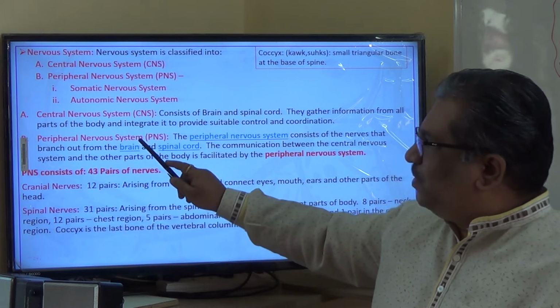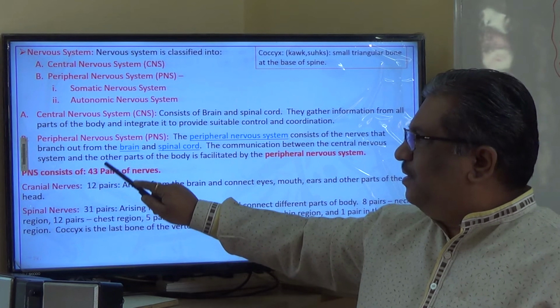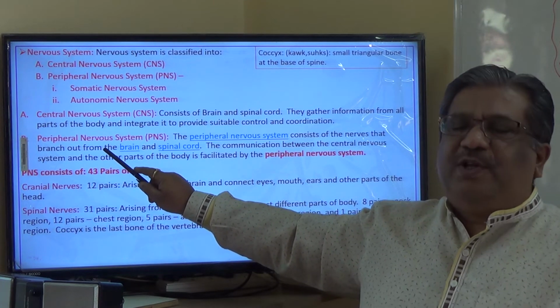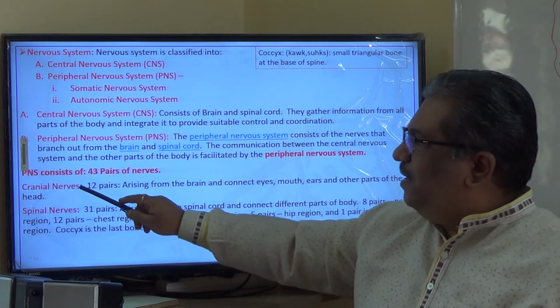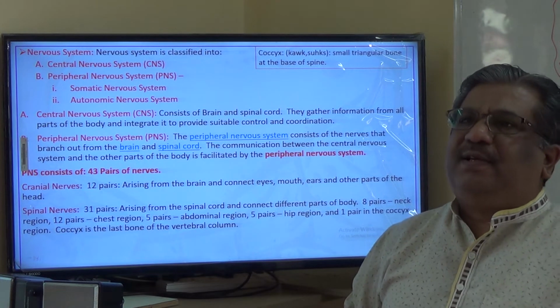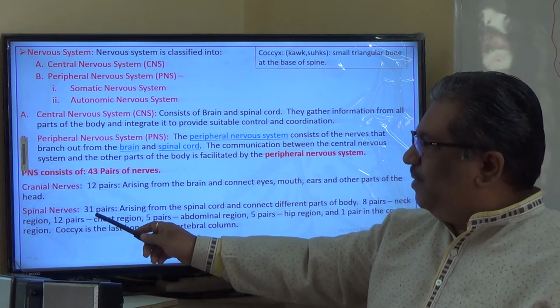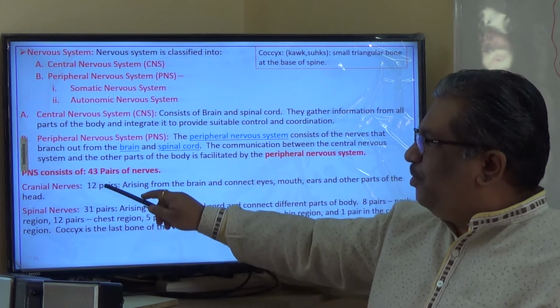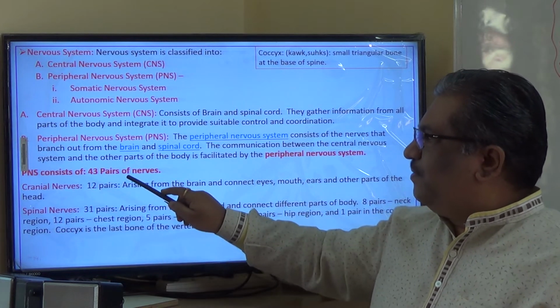See, there are totally 43 pairs of nerves in the PNS, which have been divided into cranial nerves and spinal nerves. There are 12 pairs cranial nerves and 31 pairs spinal nerves. Put together, you have 43 pairs of nerves.